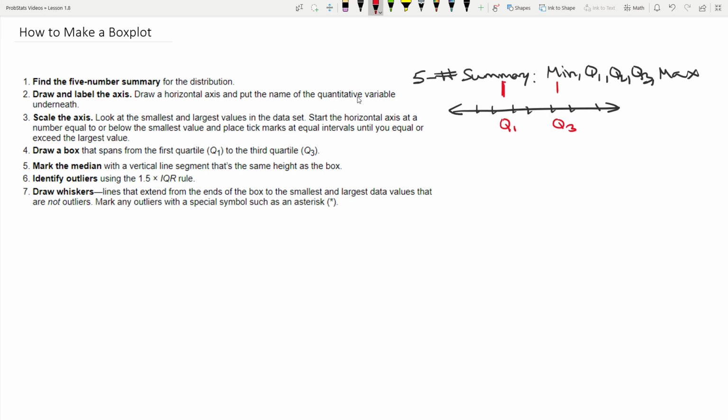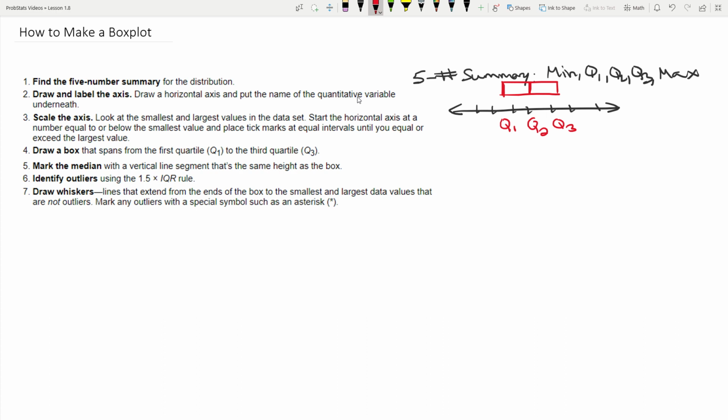Then the box is going to span from those two marks to make your box. Then we're going to mark the median with a vertical line segment. So let's say that the median was here. Then your vertical line segment goes there.